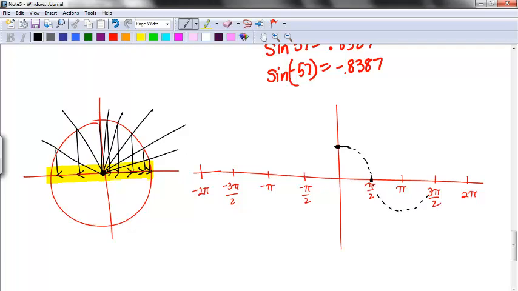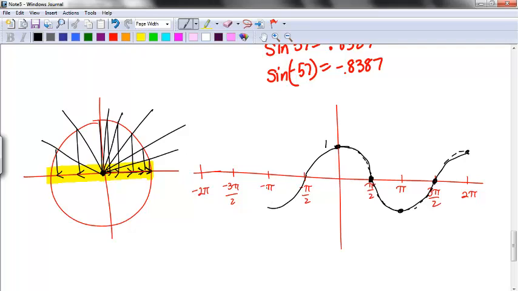It'll come back up. At 3 pi over 2, it's back to 0. So it's going to go like this. The main points are: at 0, it's 1. At pi over 2, it's 0. At pi, it's negative 1. At 3 pi over 2, it's 0, and at 2 pi it's back to 1. And then it repeats.